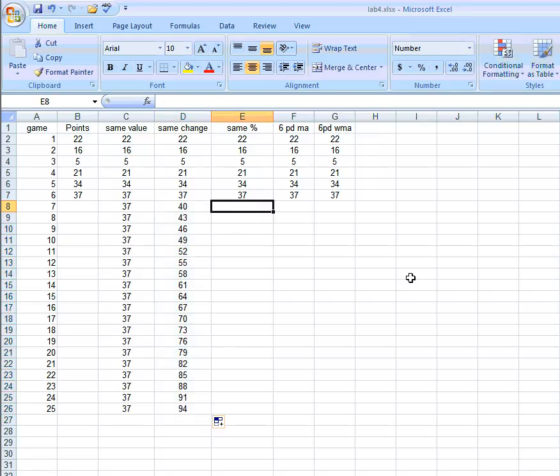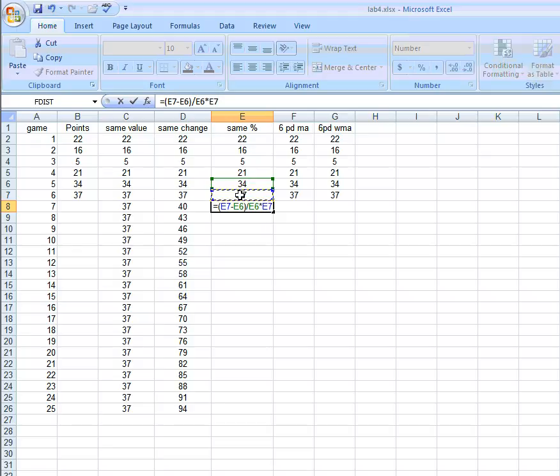Same percent change. Here we have to first calculate the percent change, so that's equal parentheses new minus old divided by old. That's the percent change, but it's a percent, so to convert it to an absolute amount that's changed, we have to multiply it by the most recent one.